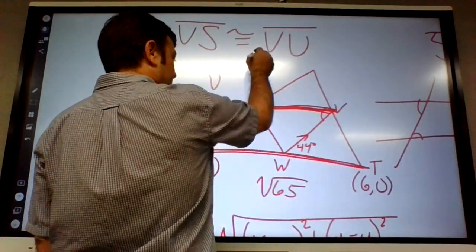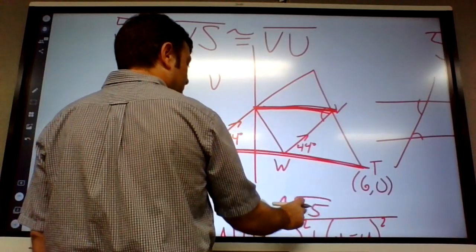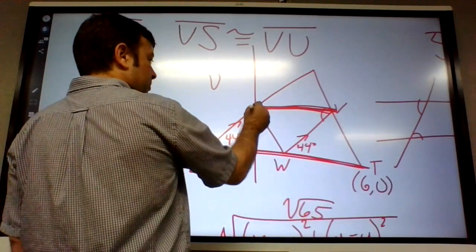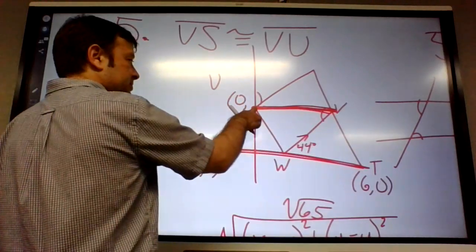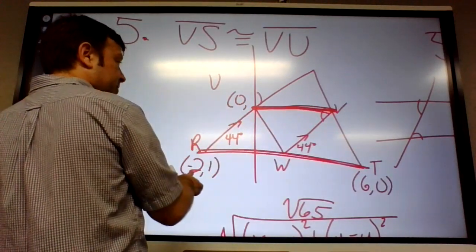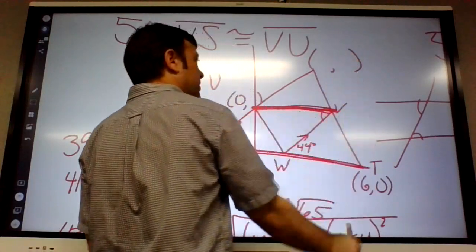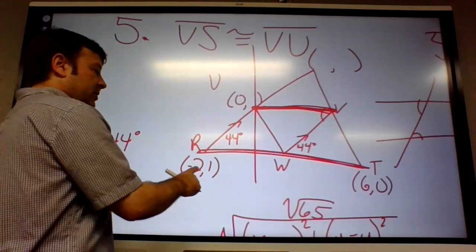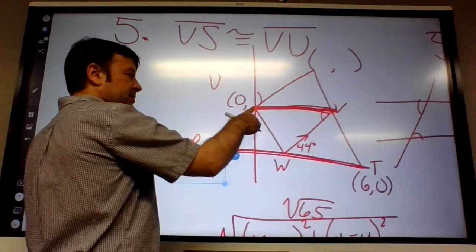So I didn't draw the axes here, but there was a y-axis right here. We know the x-coordinate right here is 0. The x-coordinate here is -2. So what's the x-coordinate going to be up here? Well, how far is it from -2 to 0? 2.